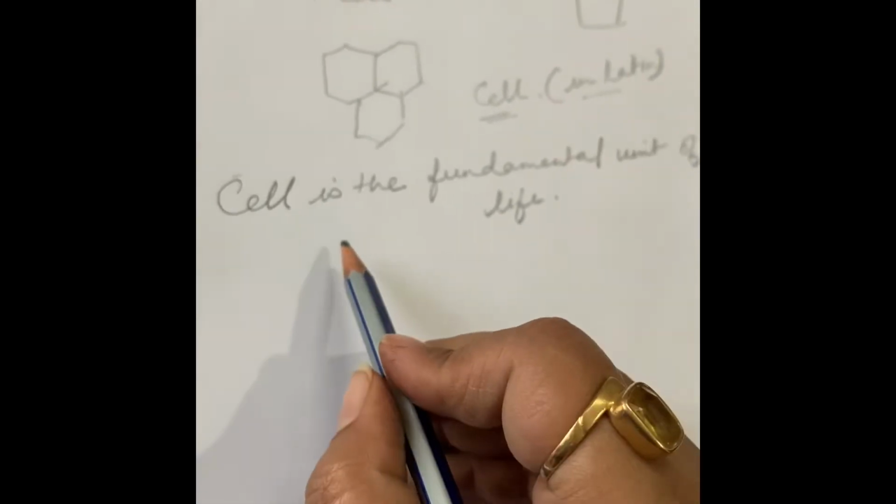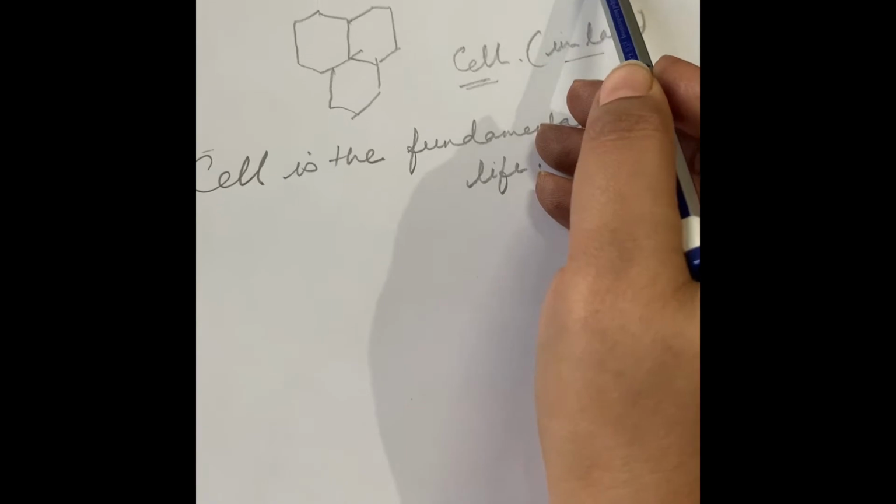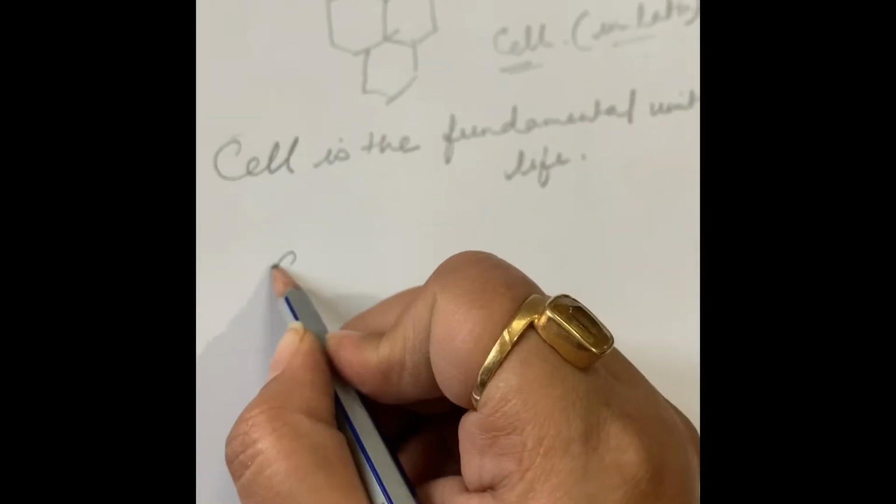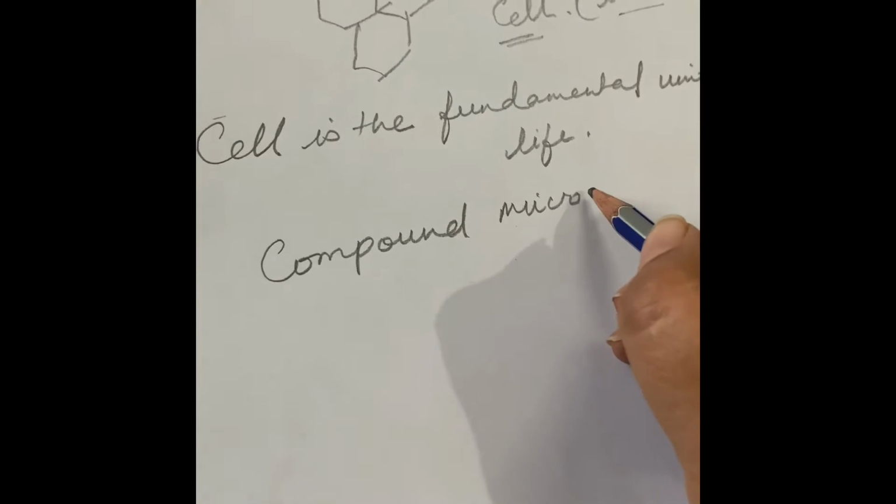As I told you, the cell was discovered only when the microscope came into being. So, with more and more inventions, a compound microscope was developed by two scientists.